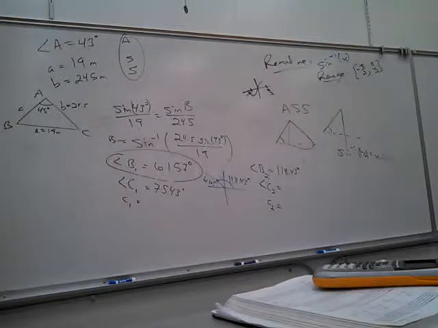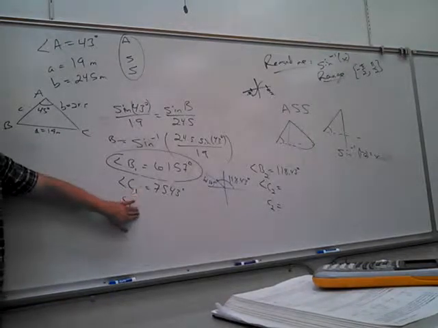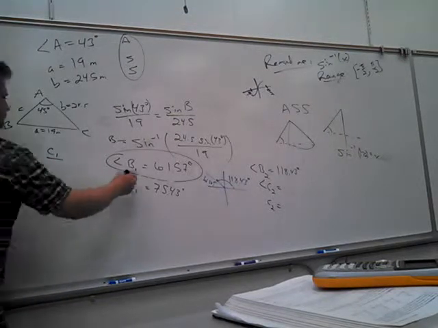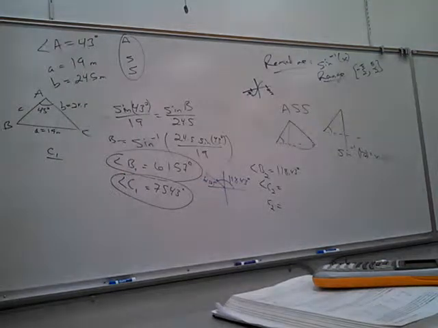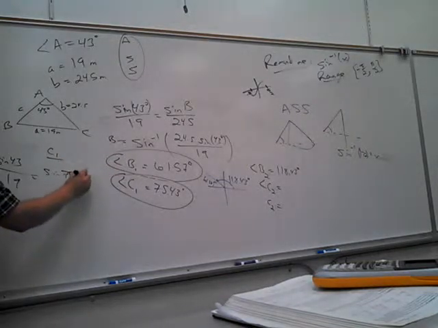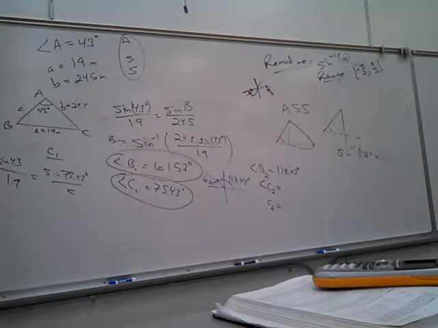Sweet. How do we get side C1? Yeah, now I know angle C, so I can make the ratio. I can say sine 43 over 19 for the A's equals sine 75.43 over C, and figure out the sides.